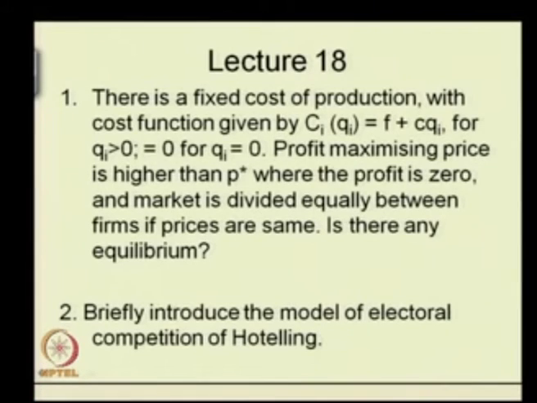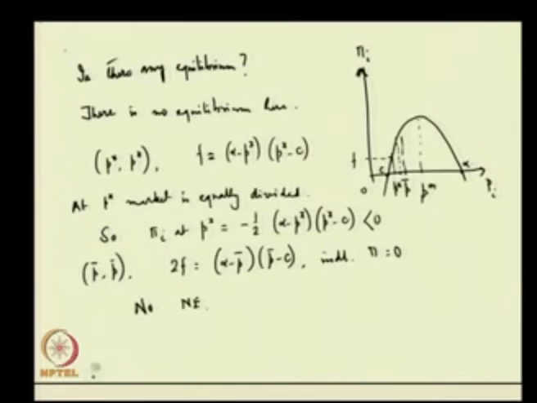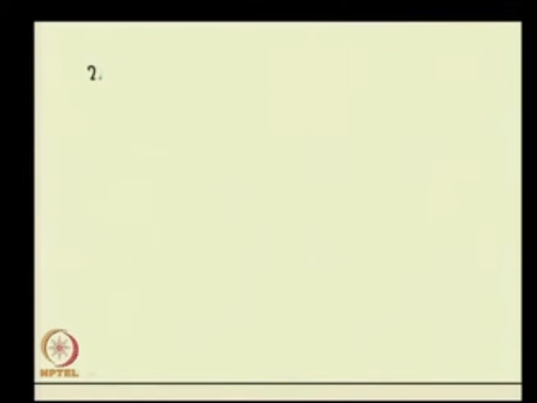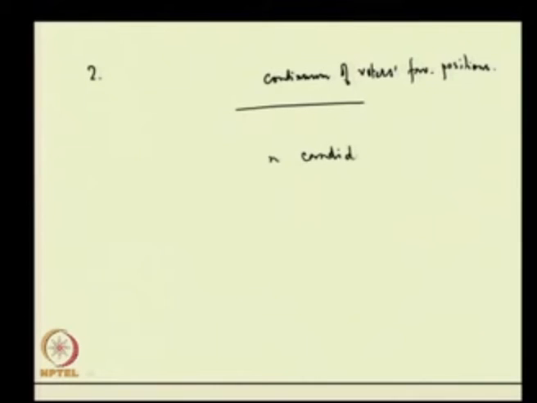Briefly, we introduce the model of electoral competition of Hotelling. What we have is a continuum of voters' favorite positions, and n candidates, who are the players of the game, contesting the election.